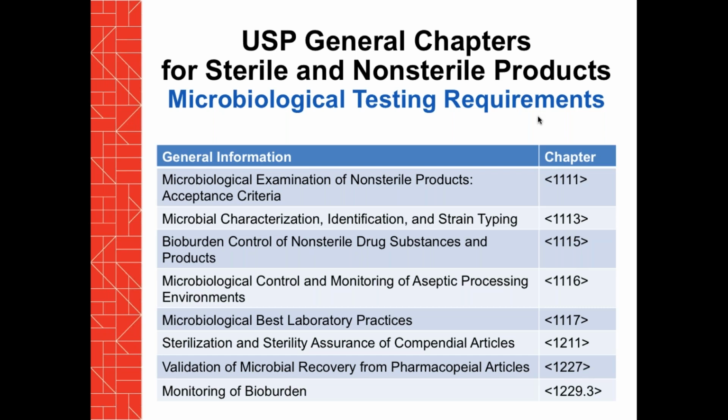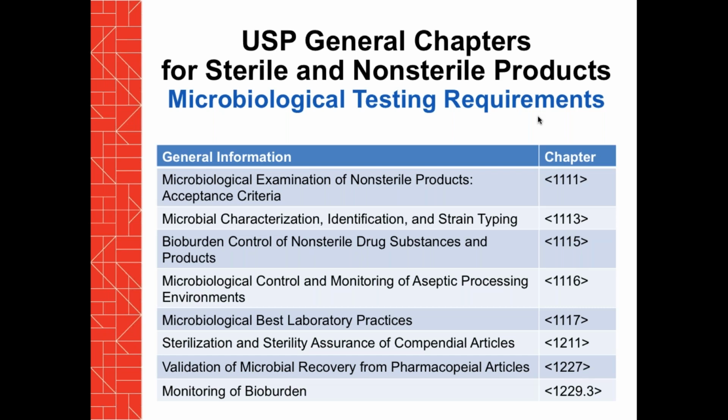But in general, these are chapters that are beneficial whether you're compounding or manufacturing, just basic good practices in microbiology testing. There's a very nice diagram demonstrating possible sources of introduction of bioburden in 1115, and it would be useful for validating the manufacturing processes as well as investigations relating to the quality of the product.